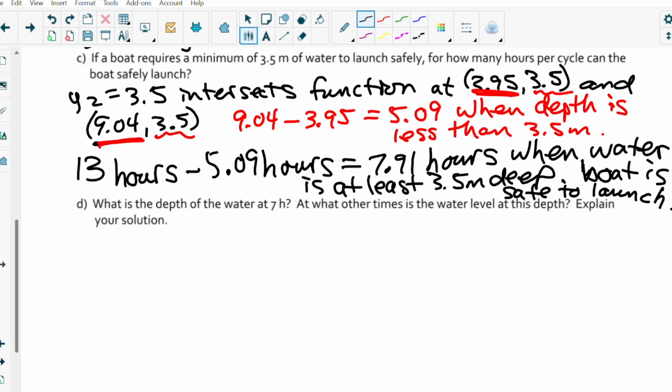Okay, and this is an actual tide calculation that is done to make sure that we are safely launching our boat. Okay, last part.